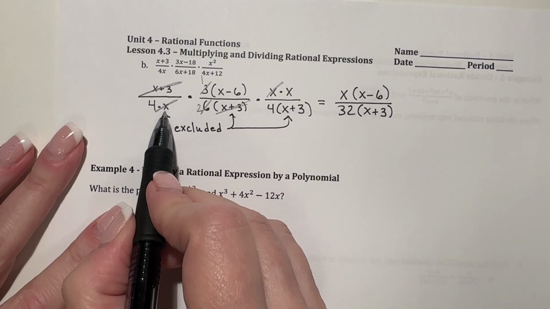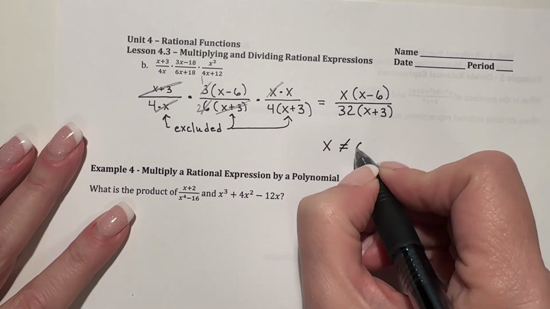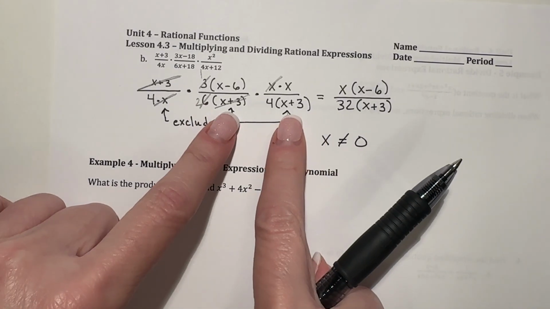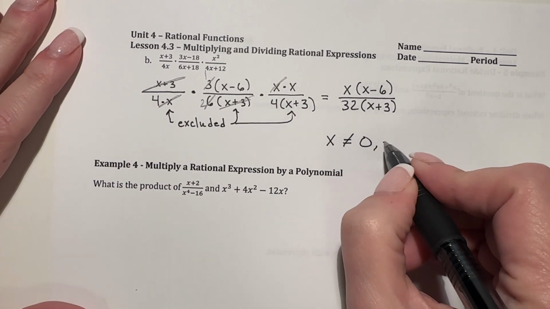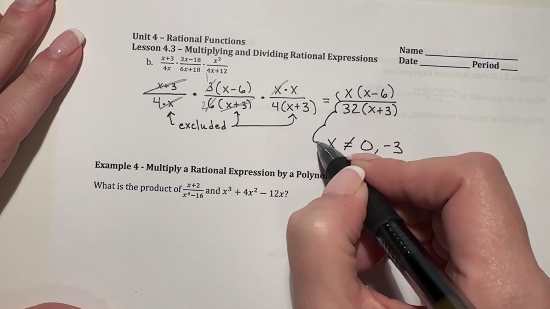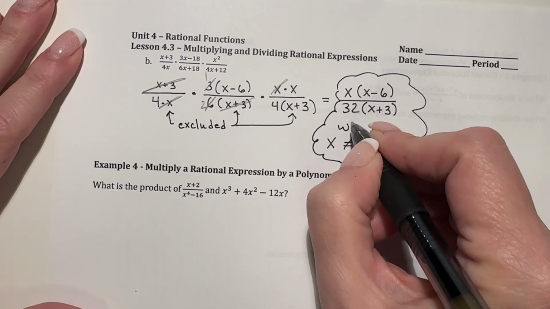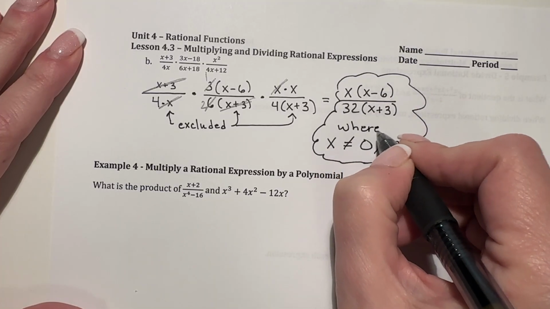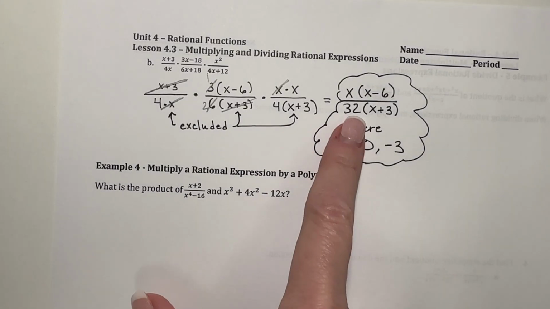So if I set this term equal to 0, I get 0. And since these are identical, it doesn't matter which one I set equal to 0, I get negative 3. So my answer is this, where x cannot be equal to 0 or negative 3. So this is my simplified fraction.